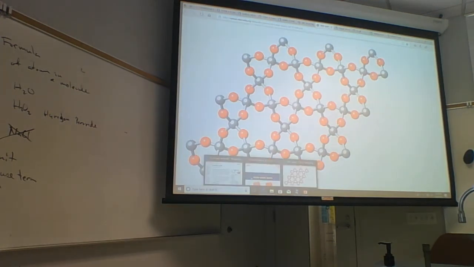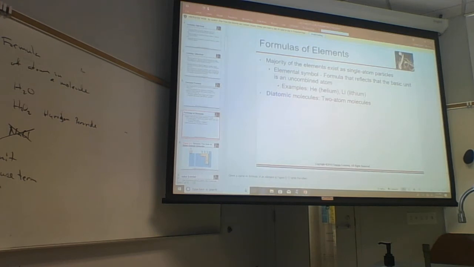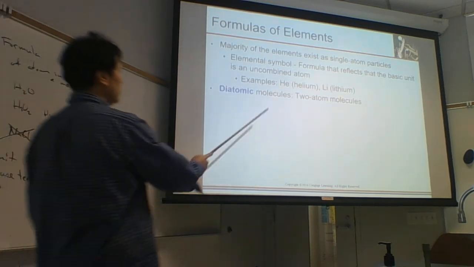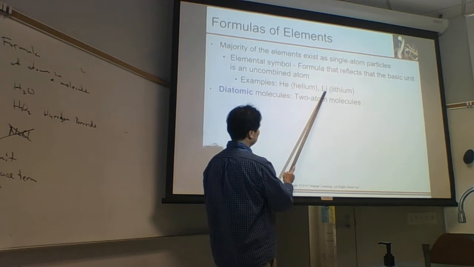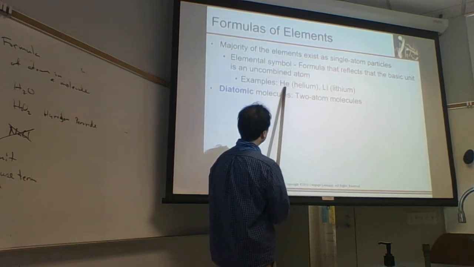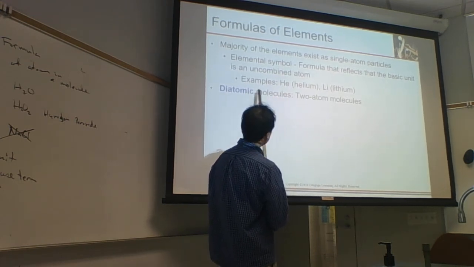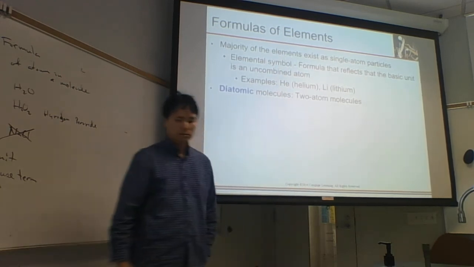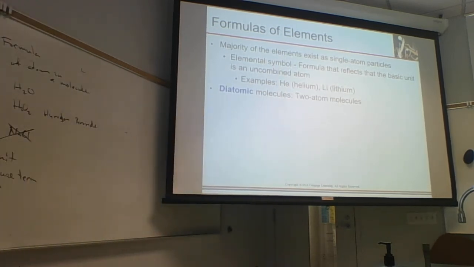All right, let's go back to those slides. And so this would be an example of the empirical formula here. But we have some elements that exist as 2-atom molecules. I already asked you to memorize these.